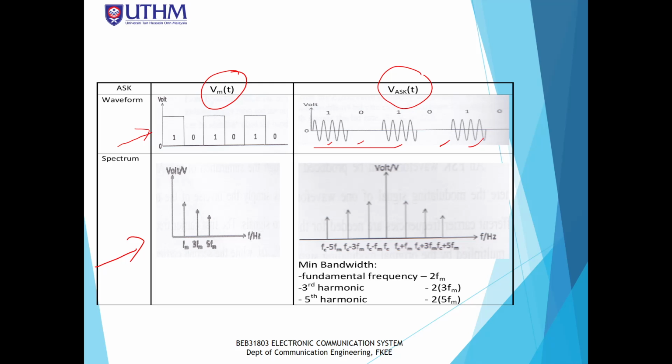Okay, so in this case, in this diagram there are 3 input spectrums. You have FM, 3FM input, 5FM input. So that means your bandwidth is 2 times the input frequency. So if it goes up to 5FM, then 2 times 5FM or 2 times 3FM. Okay, so depending on the input frequency value, the bandwidth for ASK is 2FM.